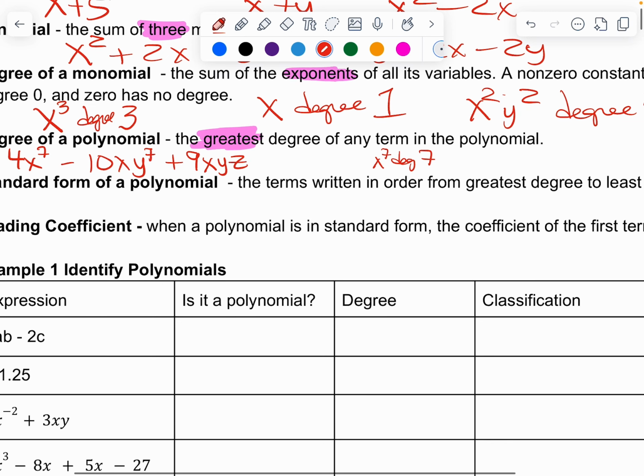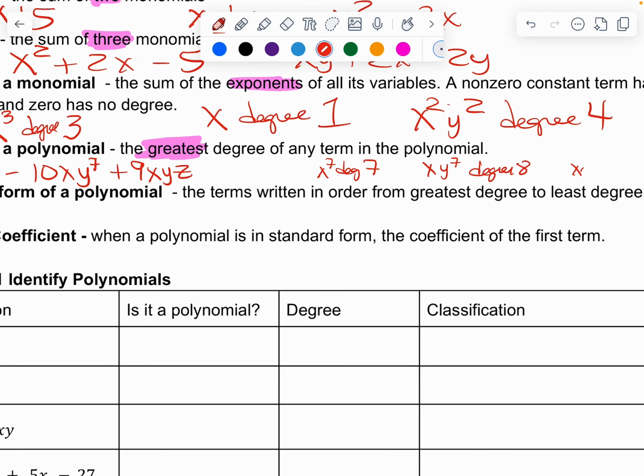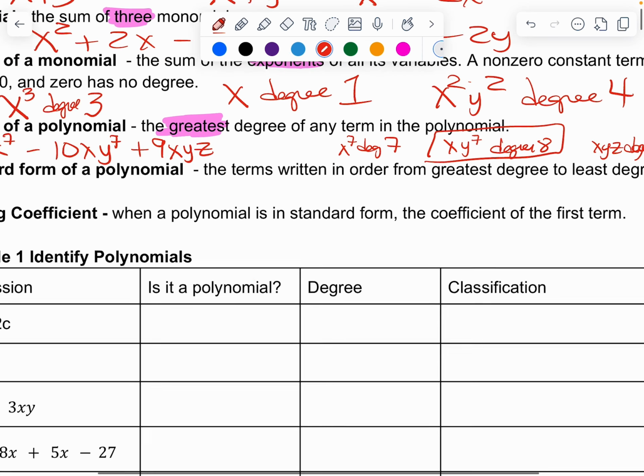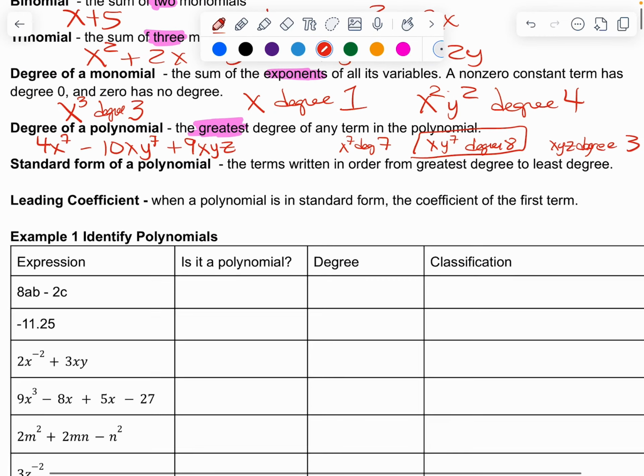For x y to the 7th, the degree is 8. For xyz, the degree is 3. So which one is the greatest? This one. So the degree of the polynomial is 8.